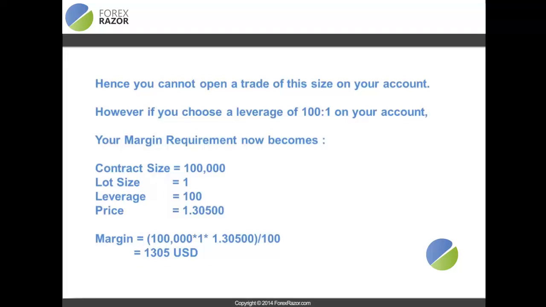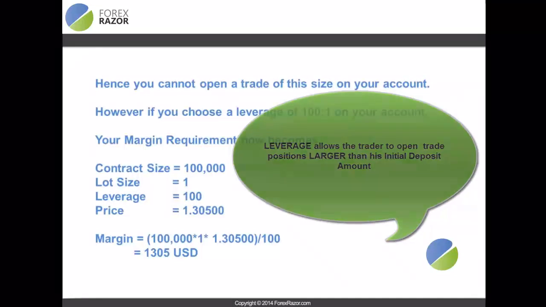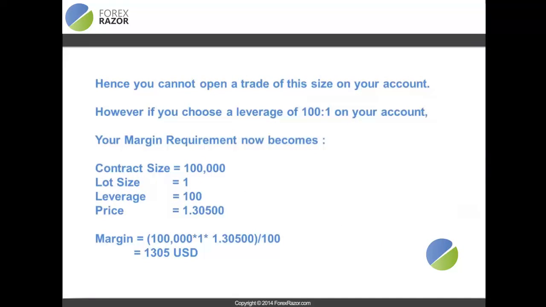Therefore, now you will be able to open that trade position of one standard lot of euro-dollar at the open price of 1.30500. So this way, leverage enables a trader to open positions which he otherwise would not be able to open, considering the initial deposit or the amount that he has put forward as his deposit.